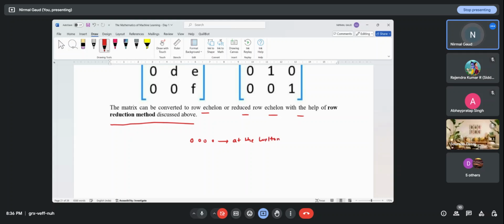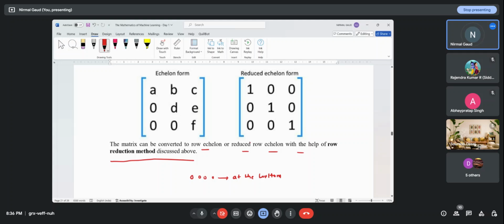So a row having more zeros should come at the bottom, and we have to do this thing only, that at least at these positions we should have zeros. So try to apply row transformations in such a way that your matrix looks in this way.